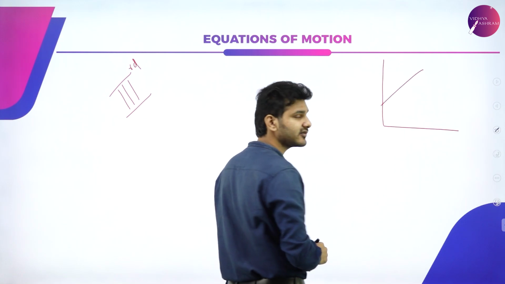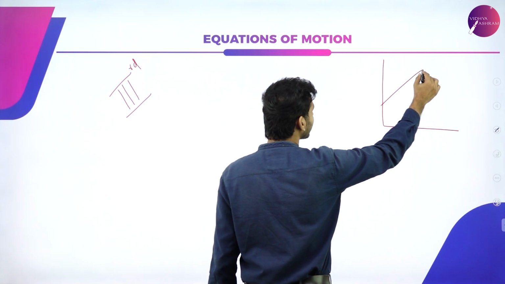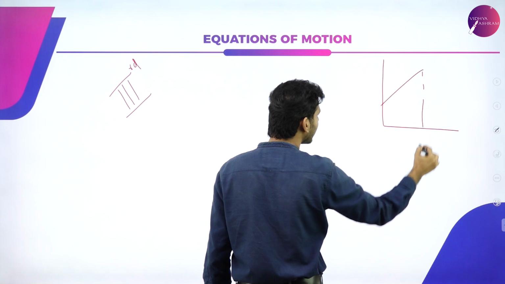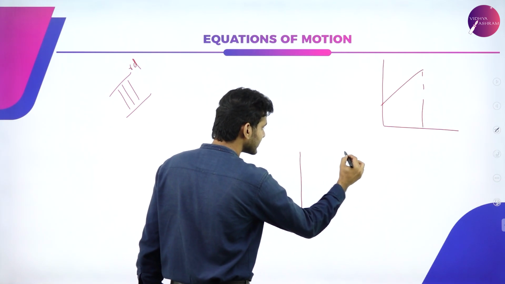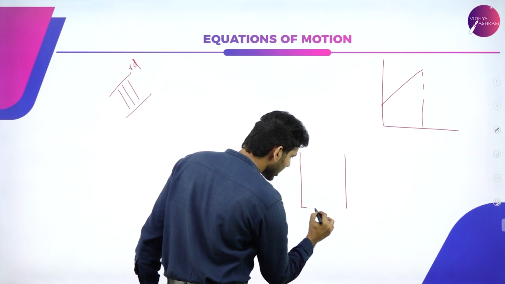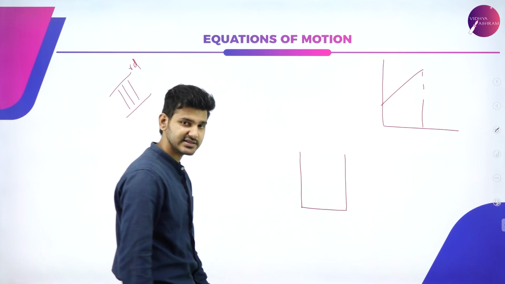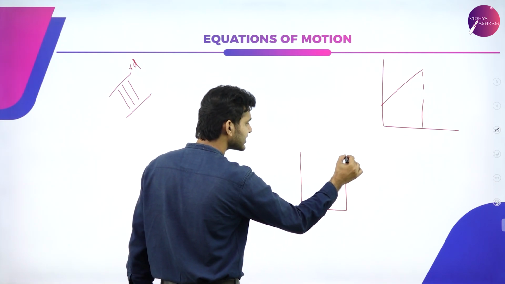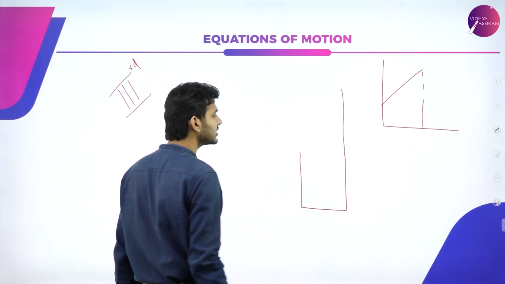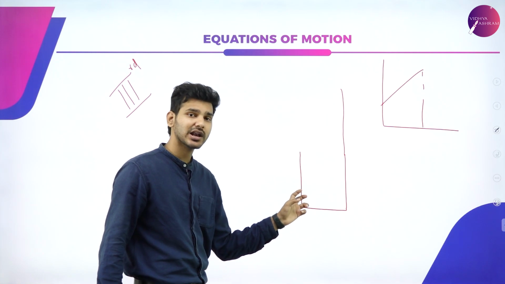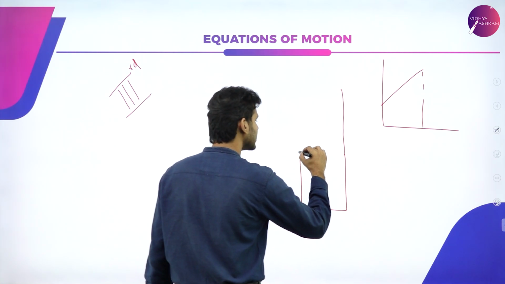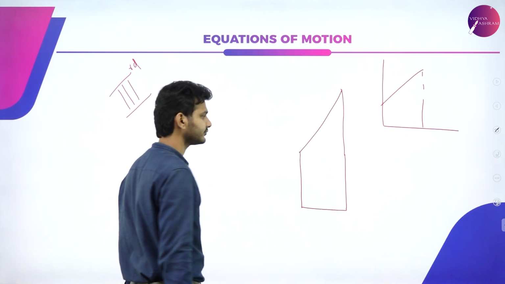We had an initial velocity and a final velocity, and the shape of the graph, if I take just the shape, it is like this. I have a base like this and two lines. One line is a bit longer than the other, but they are parallel to each other. So I have two parallel lines and a roof like this.